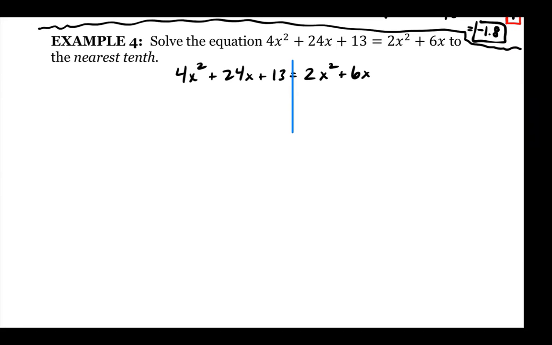Okay, first thing I got to do, it's not in standard form yet. I got to set it equal to 0. A couple things I need to do first. I need to subtract 2x squared from both sides. So the only one I can subtract it from is the other one with x squared.